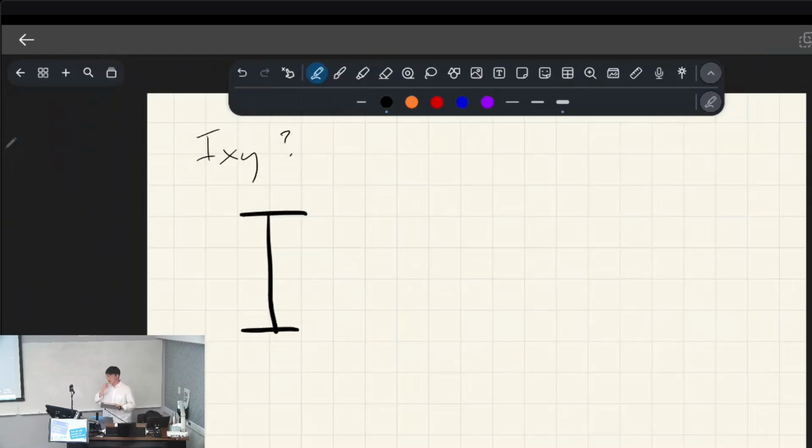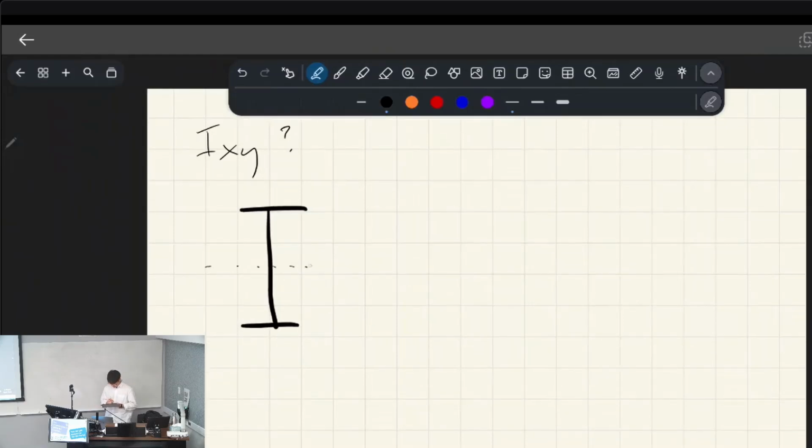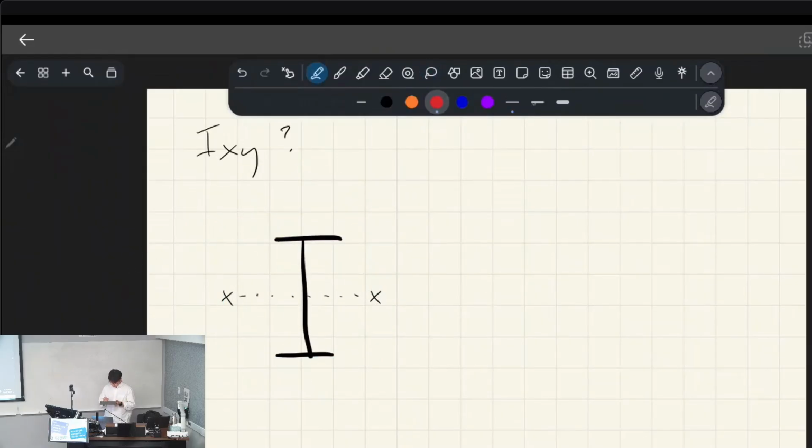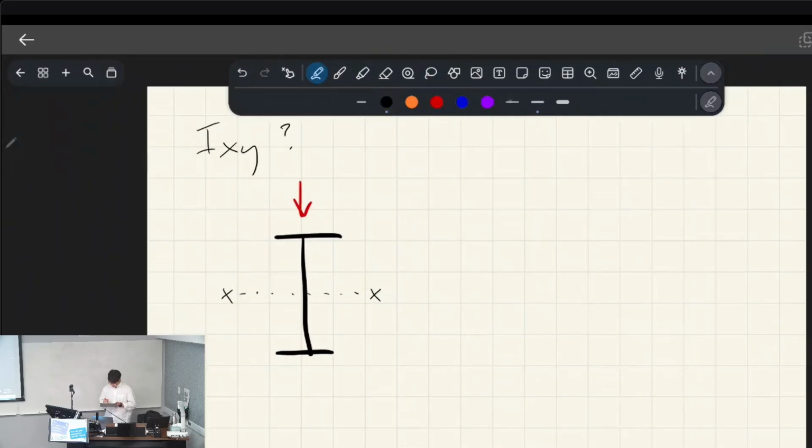If you imagine a steel I-beam, and right now it might not be perfectly intuitive as to why, but if you imagine a gravity load applied to it this way, it's going to be bending about its strongest axis, and we call that the x-axis, right?